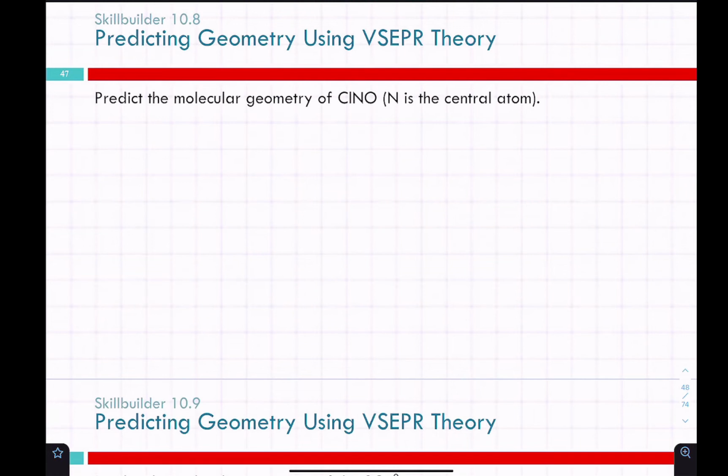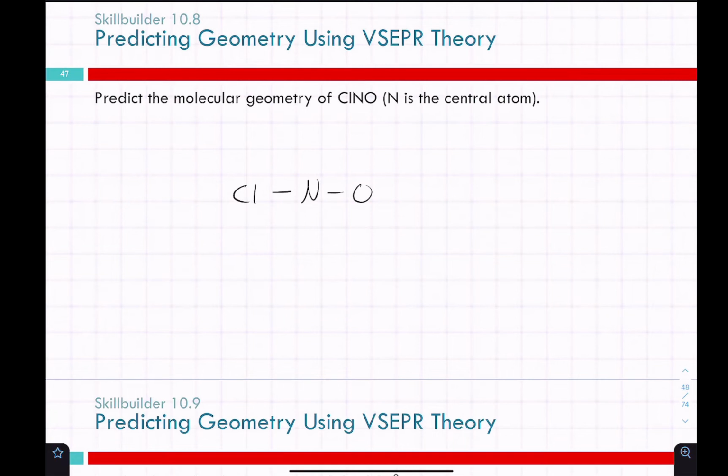This one is actually a great example, because which atom is the central atom? Oh wait, it says N. Nitrogen's the central atom. Then one side's going to be oxygen, the other side's going to be chlorine. So what do we do next?